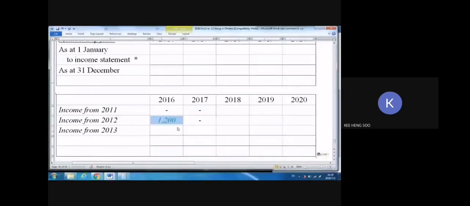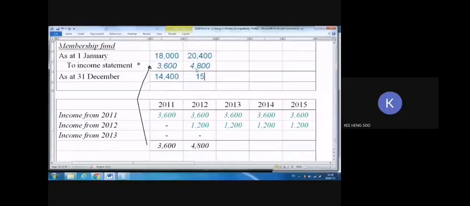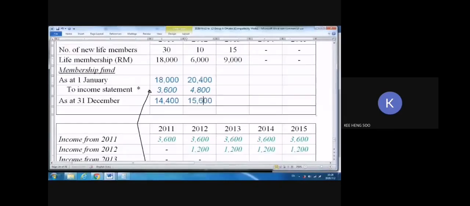So this one don't have, you got 4,880. So you minus 4,008. You can get 15,200. Sorry, 16,000. You see 4,008 transfer from here to here.